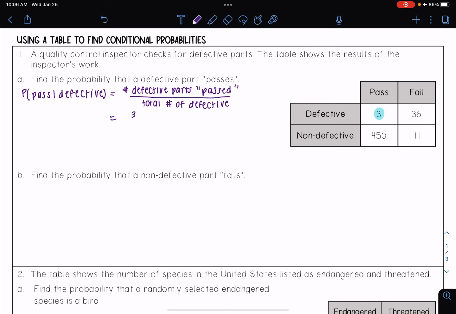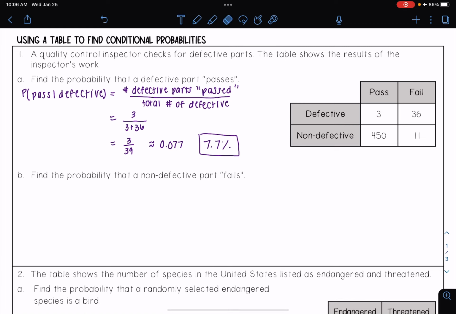So I have 3. And now I need to divide it by the total number of defective. Well, I see that in the defective row, 3 passed and 36 failed. So the total number that were defective is 3 plus 36. So that comes out to being 3 over 39. And when I divide those two numbers, I get approximately 0.077. So in other words, there's a 7.7% chance.